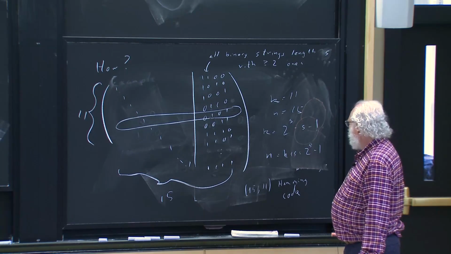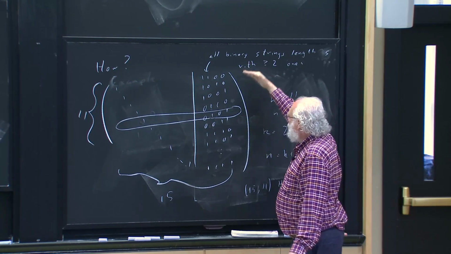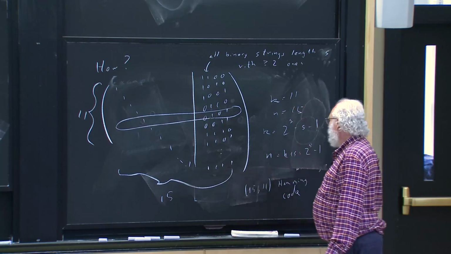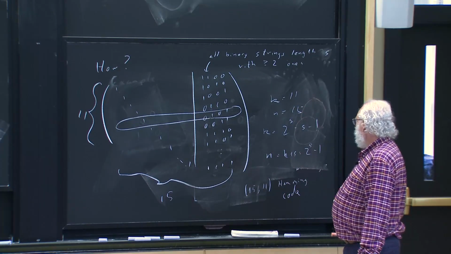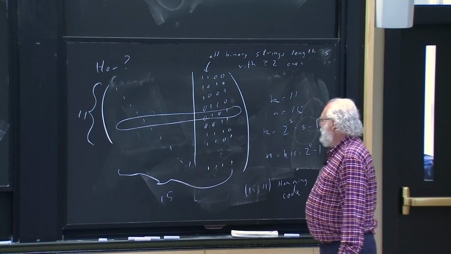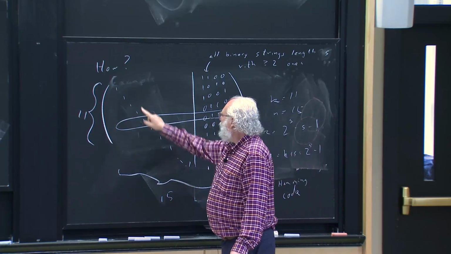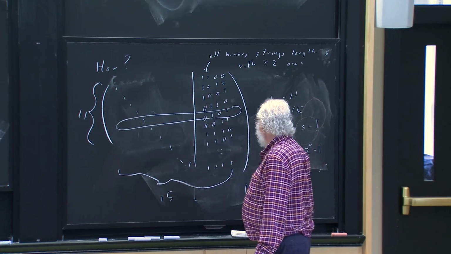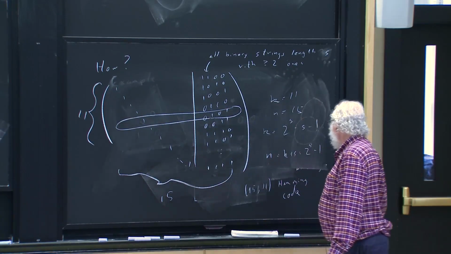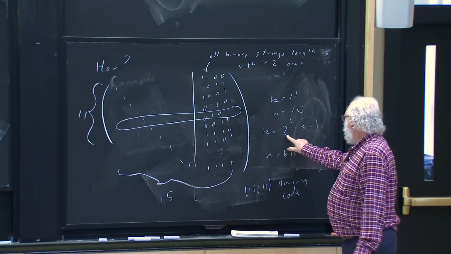And that's the number of rows in this matrix. To get the number of columns in this matrix, we just take the number of rows, because the identity matrix has an equal number of rows and columns, and add s. And that's 2 to the s minus 1.